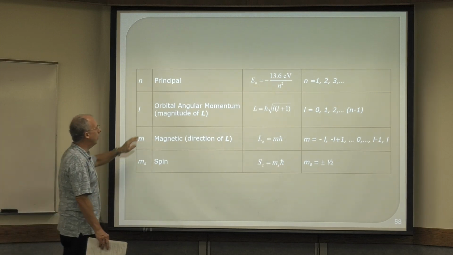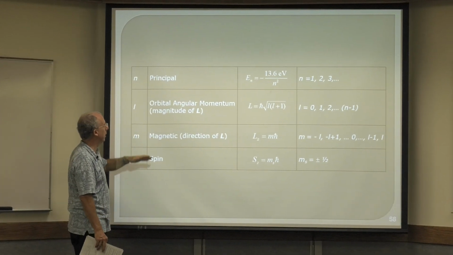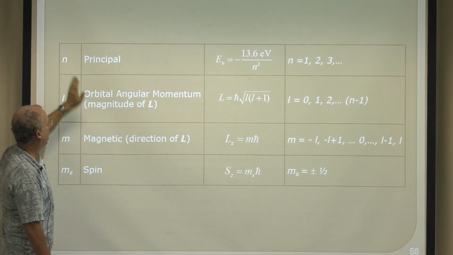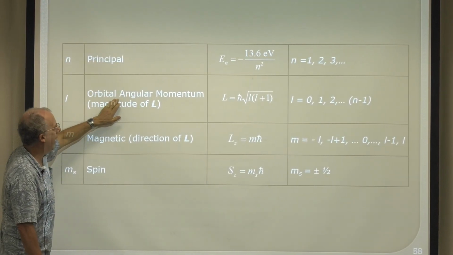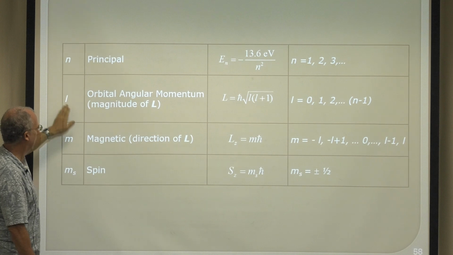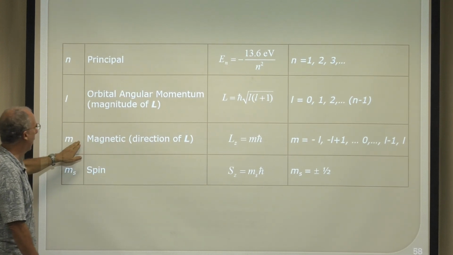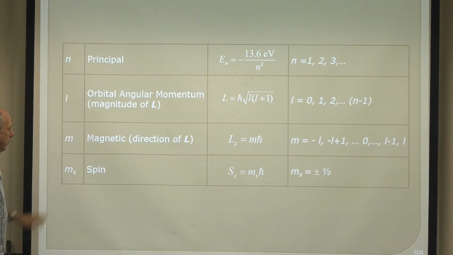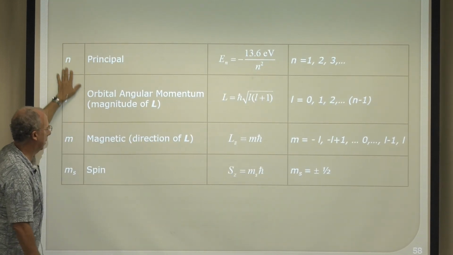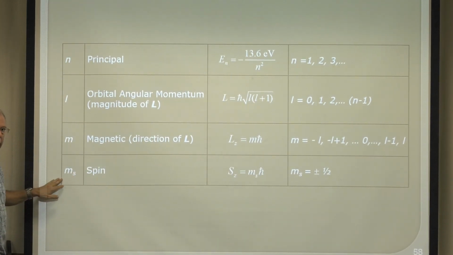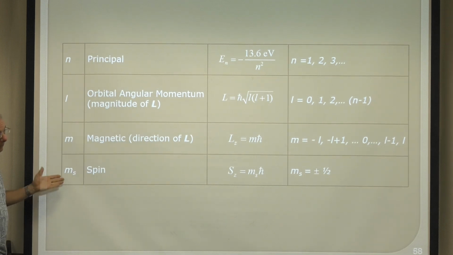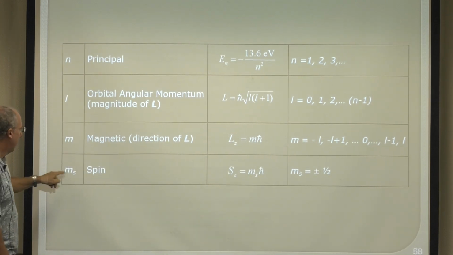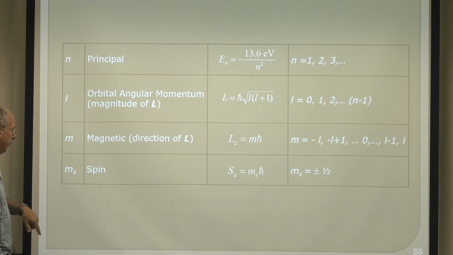Well, solving the Schrodinger equation gave us the principal quantum number, the orbital angular momentum quantum number, and the magnetic quantum number, right? This was the magnitude, this was the direction. So these three came from the Schrodinger equation. This quantum number came from experiment. All right? So now we have 4 quantum numbers.